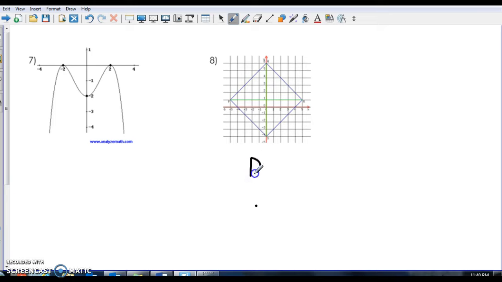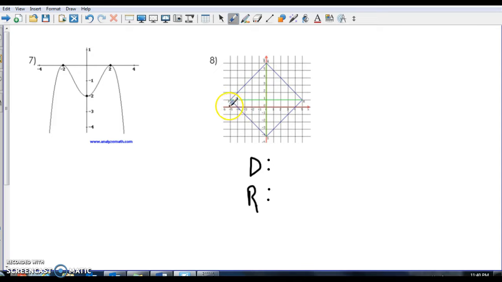So I'm going to write D, and I'm going to put my range. If you remember from a few weeks ago, we talked about domain and range. Well, domain is all the x values. So we need to decide what would make this true. I would look at this graph, and I would look at the smallest x value possible.